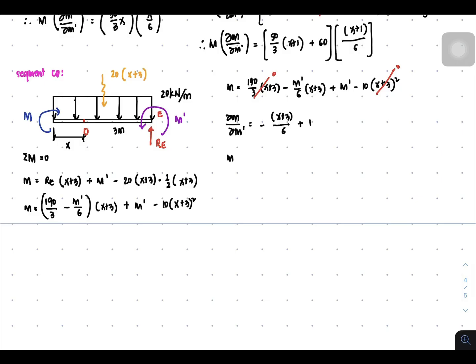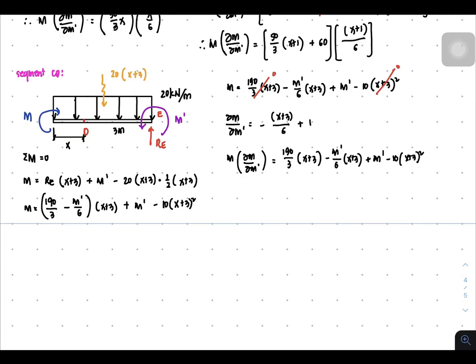So the final product of M times the partial derivative of M prime is going to be 190 over 3 times x plus 3 minus M prime over 6 times x plus 3, then plus M prime minus 10 times x plus 3 squared.